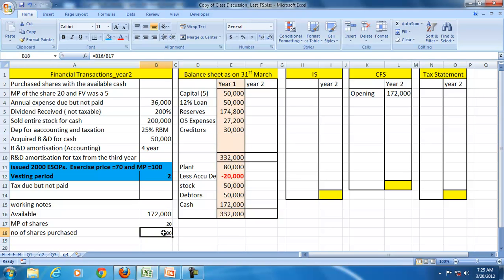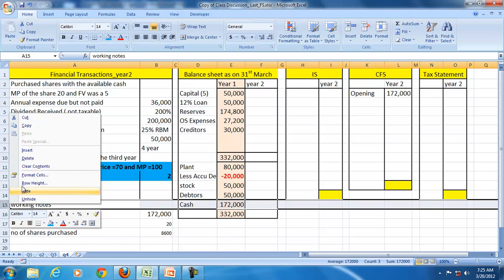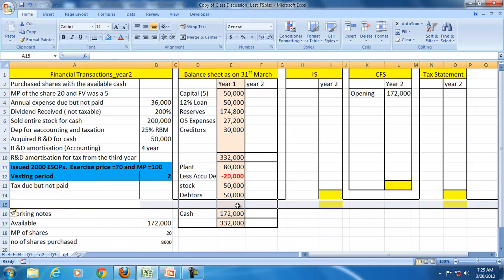So 8,600 shares are shown as an acquisition of asset, and we show that asset on the balance sheet, and corresponding reduction of cash will happen.